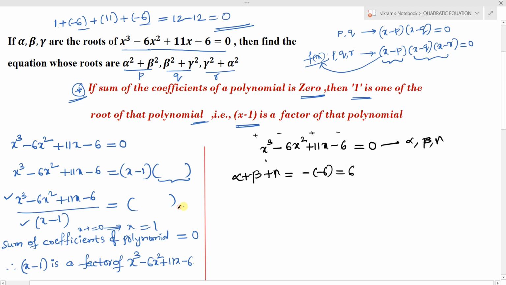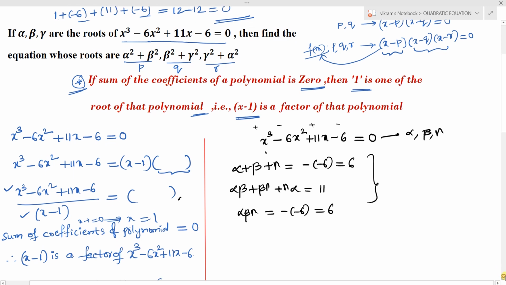The sum of the product of the roots taken two at a time, alpha beta plus beta gamma plus gamma alpha, is plus 11, and alpha beta gamma is equal to minus of minus 6, which is plus 6. I think we know this concept of finding the sums of the roots s1, s2 and s3. Right. So now consider that we need to find the relation for alpha square plus beta square.